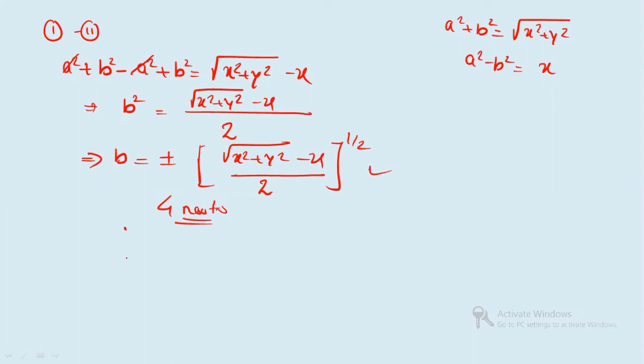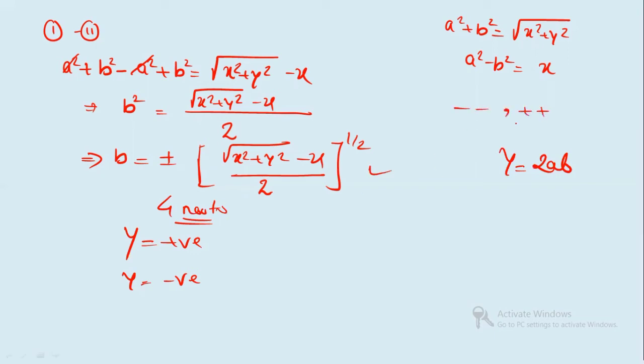It will depend on y. You know that y is equal to 2ab, right? So whenever you do problems, you will check whether y is positive or negative. When y is positive, you have 4 combinations: both negative, both positive, one positive and the other negative, first negative and second positive.